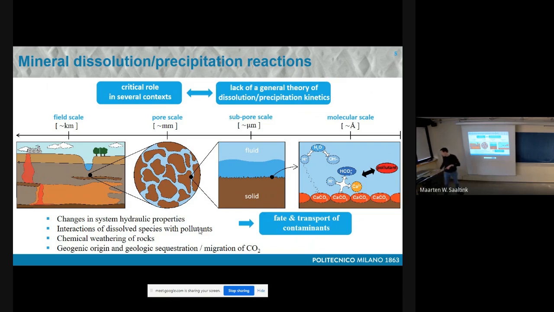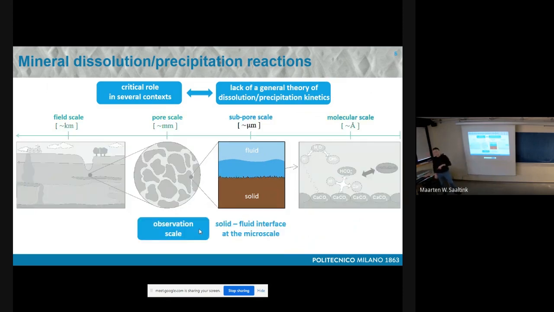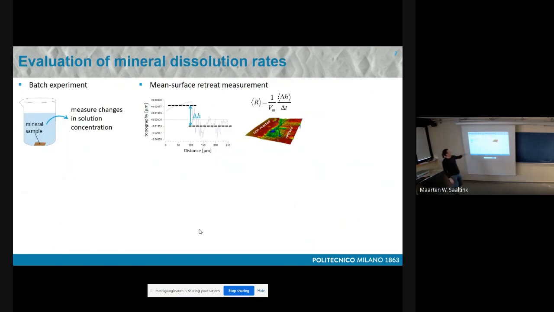What I would like to focus on in this presentation is what happens at the micro-nanoscale at the solid-fluid interface, only at that particular scale, and to try to get a closer look at it, where the key element is the evaluation of pure dissolution, whatever it means in this case.